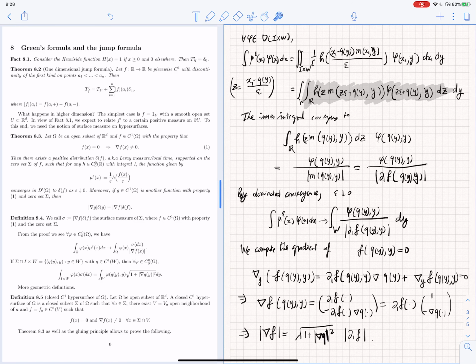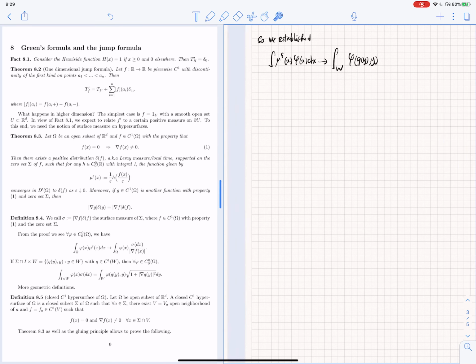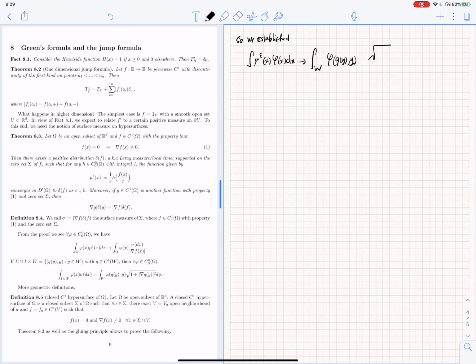Okay, so this is the convergence, times 1 over d1f, which can be re-expressed as the square root of 1 plus the Euclidean norm squared of the gradient of q of y, divided by the Euclidean norm of the gradient of f, dy.